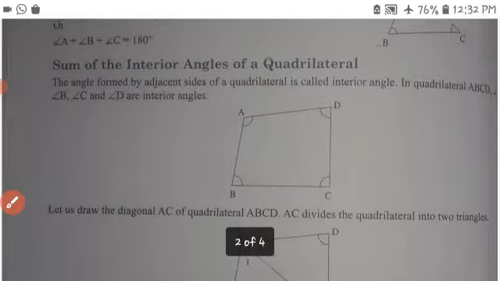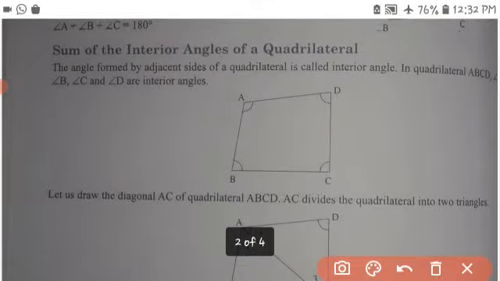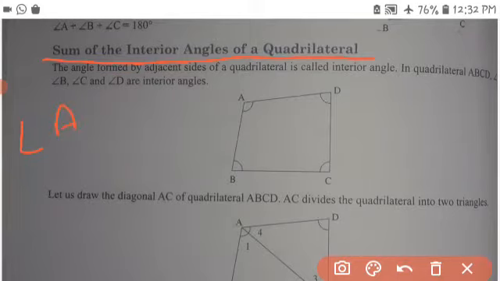Now, the sum of the interior angles of a quadrilateral. The sum of the interior angles of a quadrilateral is 360 degrees. Angle A plus angle B plus angle C plus angle D is equal to 360 degrees.